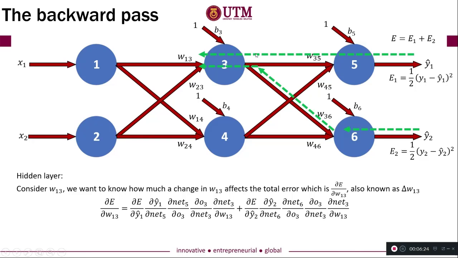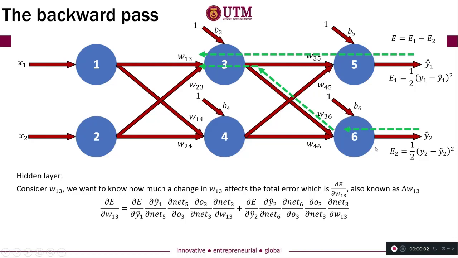Once you arrive here, you can do del O3 over del net, and del net over del W13, until you arrive at W13. These expressions are represented by the upper green line to express this component. Later you can try to check back on that one.